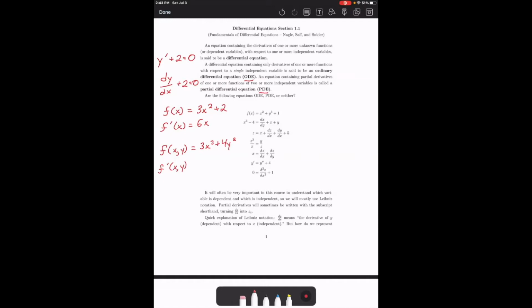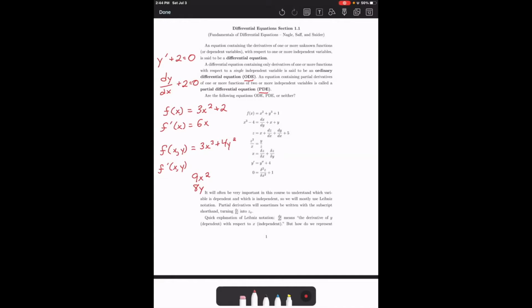So we could take it with respect to x, in which case we would get the answer 9x squared. Or we could take it with respect to y, in which case we would get the answer 8y. But it's not clear just based on that notation, so that's why we would never use such a notation.